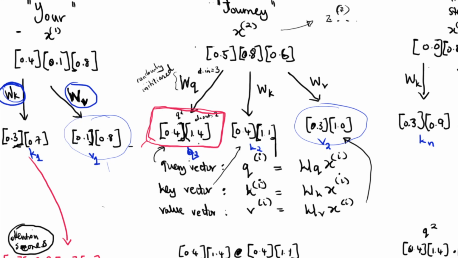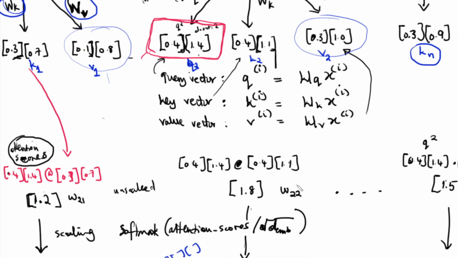So this K gets used to calculate the attention scores when we apply the respective query vector. So the respective query vector times the key of that input gives us attention scores.